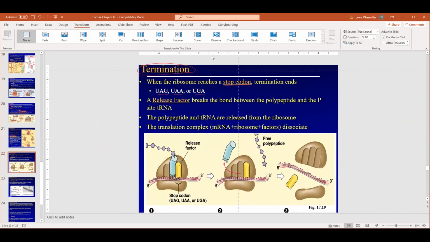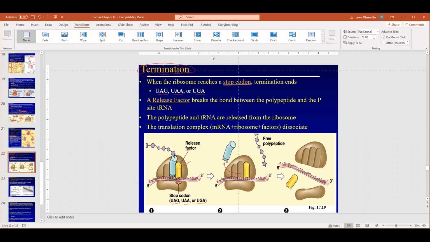Okay, so when it hits the stop codon, in this example the stop codon is UAG, there's no tRNA for the stop codons. Instead, there's a thing called a release factor, which has an anticodon that matches to these 3 codons.